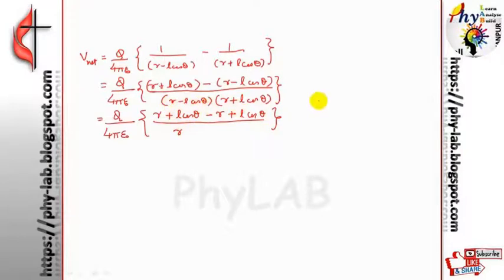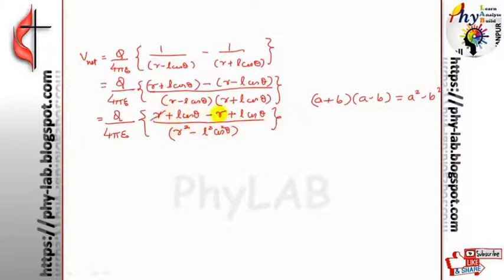Remember, friends, from algebra you had A plus B into A minus B as A square minus B square. So this will become R square minus L square cos square theta.